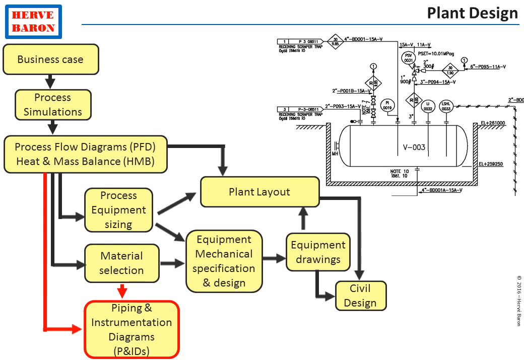P&IDs are an essential document in the plant design, as they depict all the operational features such as valves, as well as lines and instruments that will be available for the operator to control, to monitor the process, and also for the operator to perform maintenance on equipment.